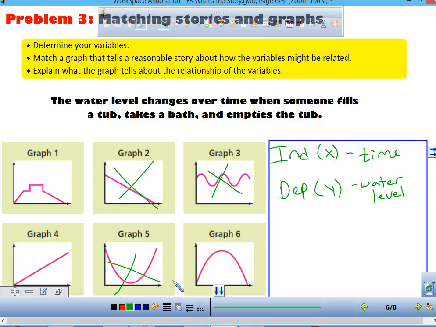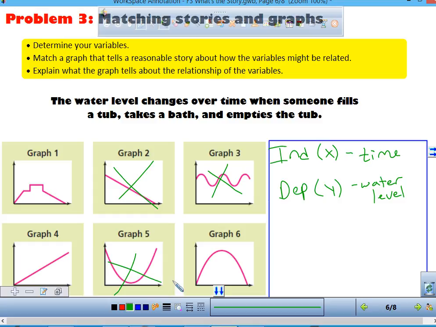When it's filling, because it's a straight line, what is that telling you? It's constant. Very good. It fills at a constant rate. It doesn't fill really fast and then fill slow. Then maybe at this point they let it warm up or cool down because it's too hot.